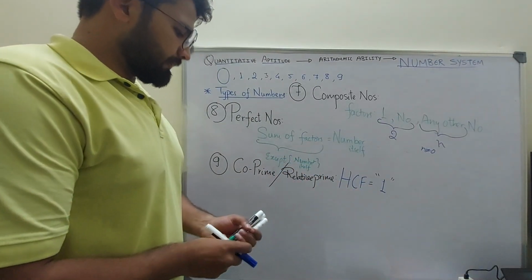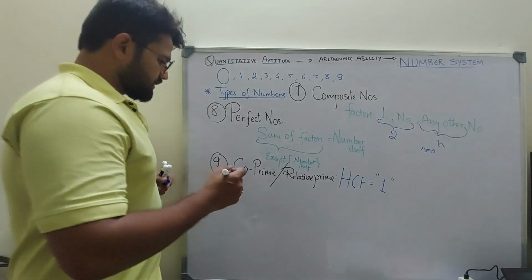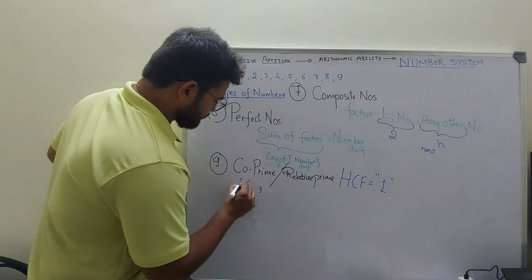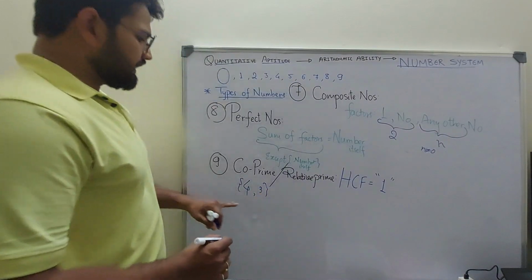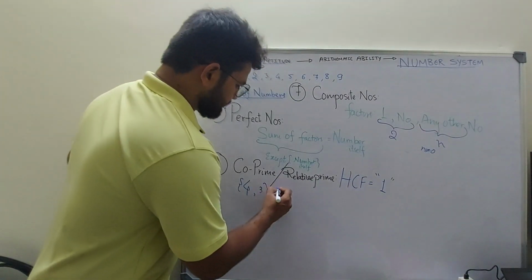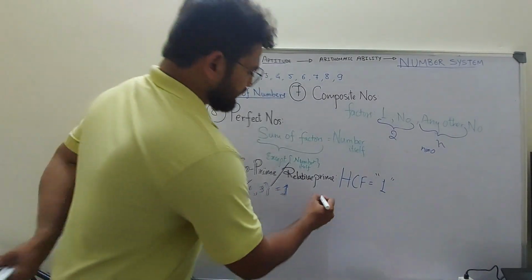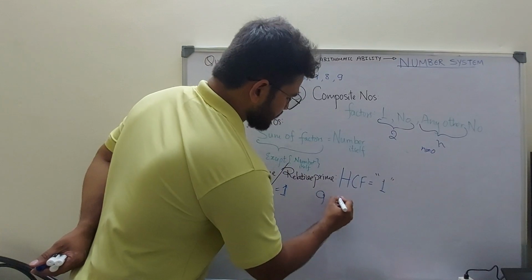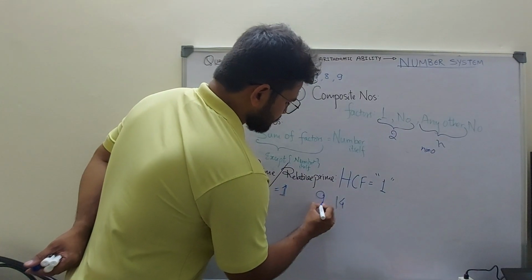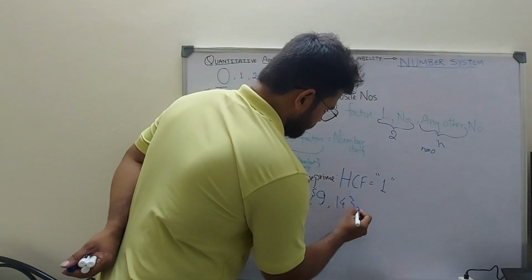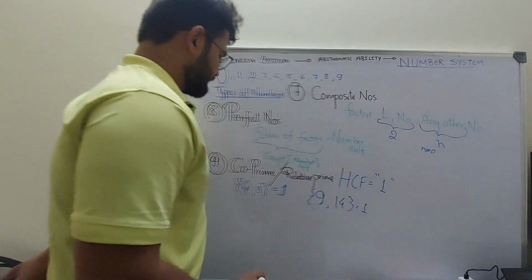So how will it be? Suppose you take 4 and 3. Obviously, what is the highest common factor? 1, right? For example, 9 and 14. What is the highest common factor? 1.